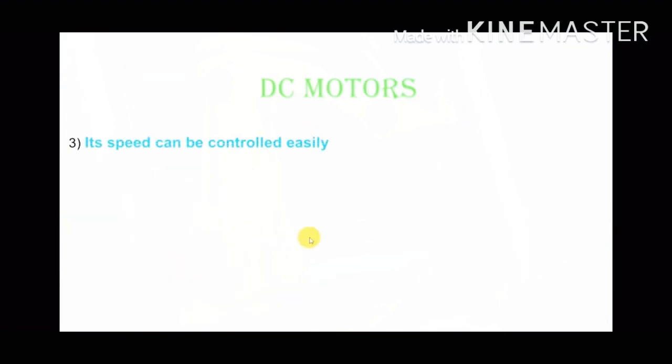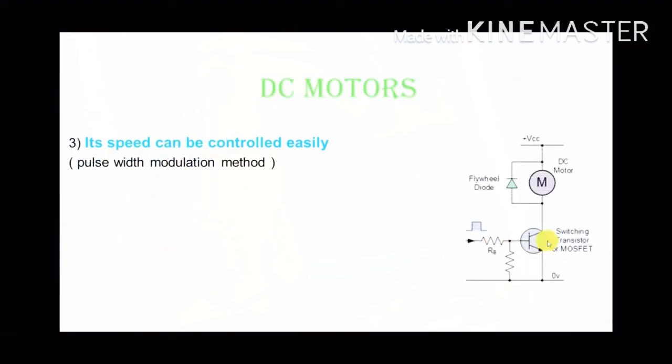And the third facility of our DC motors is that its speed can be controlled easily, and this is an advantage of our DC motors. Its speed can be controlled with an easy and popular method like pulse width modulation. We can illustrate with this figure.